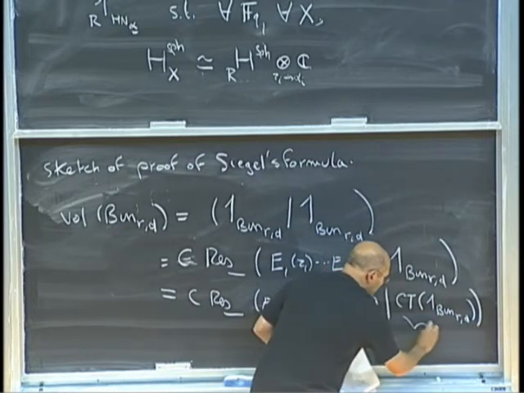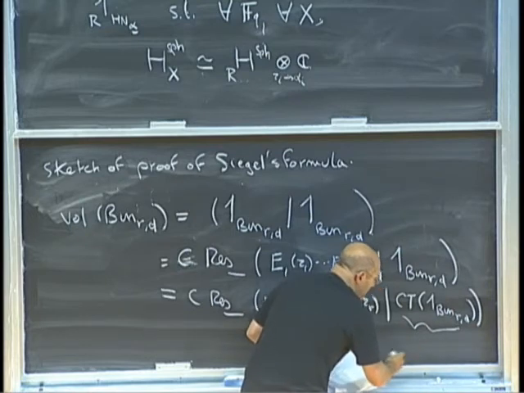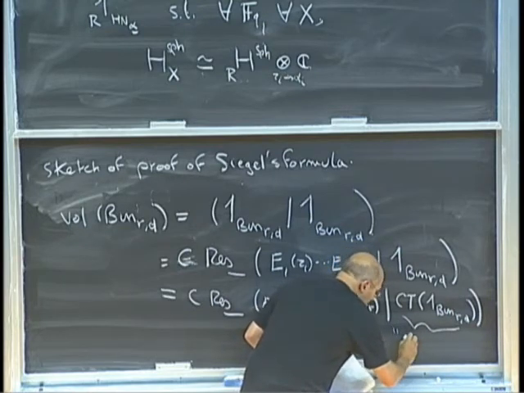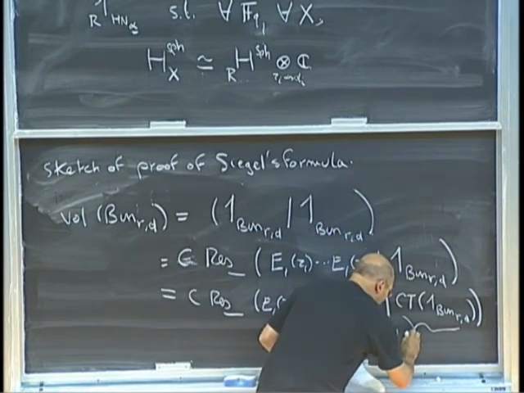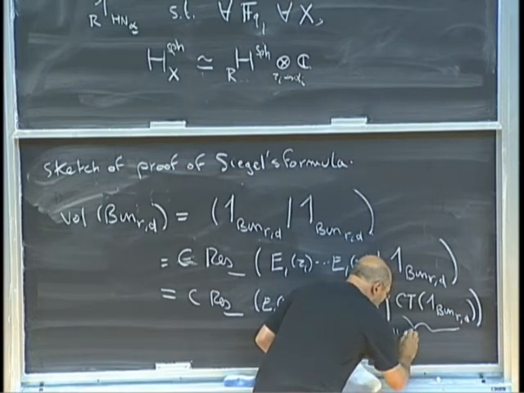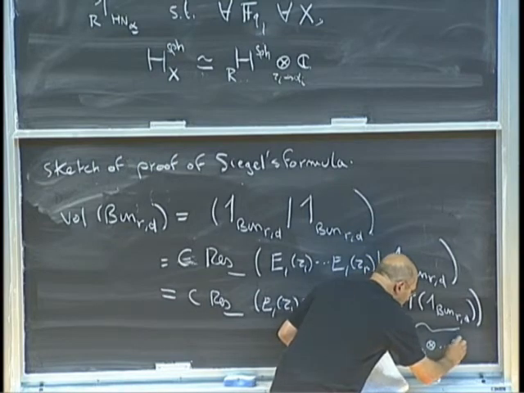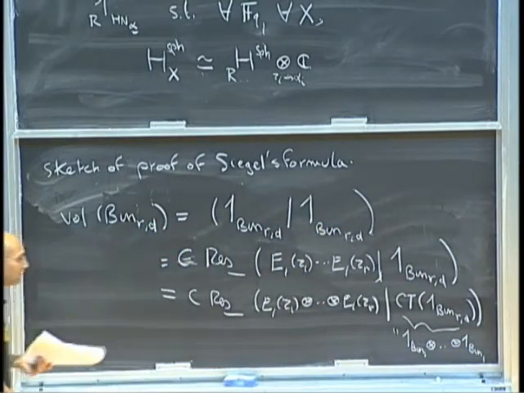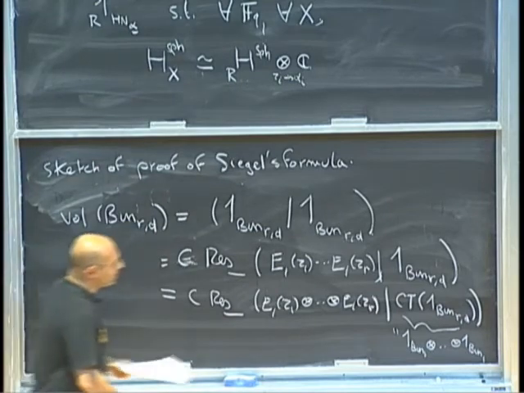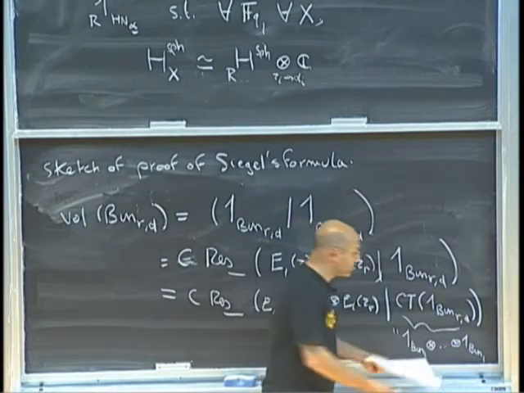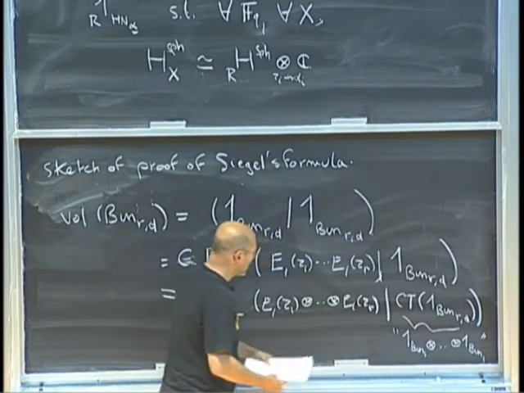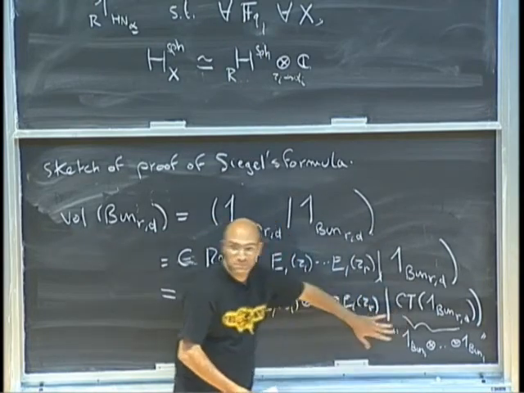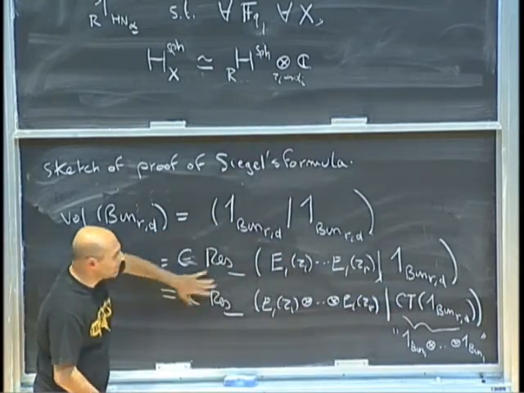But this constant term is essentially, I'm cheating a little bit, but it's almost 1_{Bun_1} tensor 1_{Bun_1}. Of course, you need the degrees to add up, but in any case, this constant term is very simple to compute. And so in the end, this term almost vanishes, and this is why you have this C appearing here.